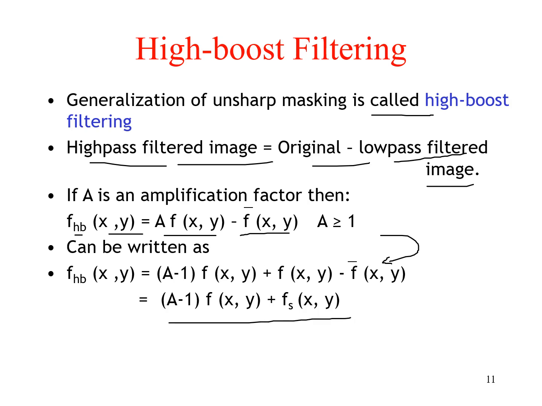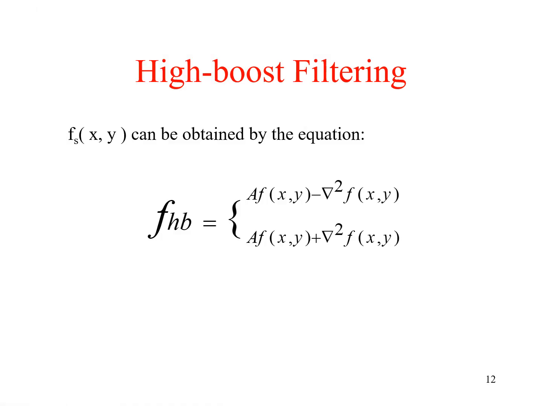A is an amplification factor. So f HB can be obtained by the equation: A times f of xy minus Laplacian, or A times f of xy plus Laplacian. A is an amplification factor.